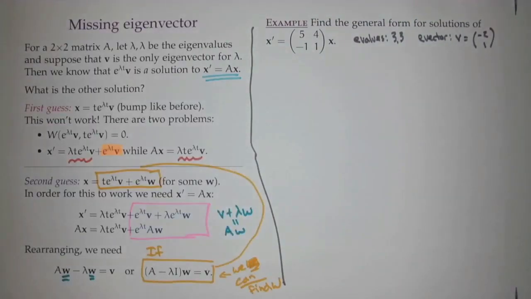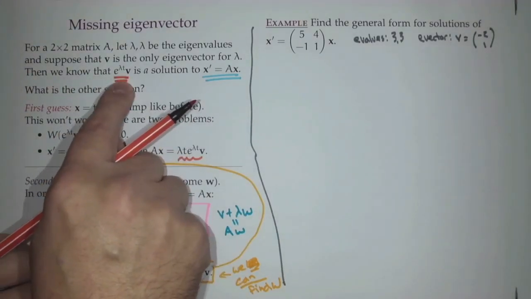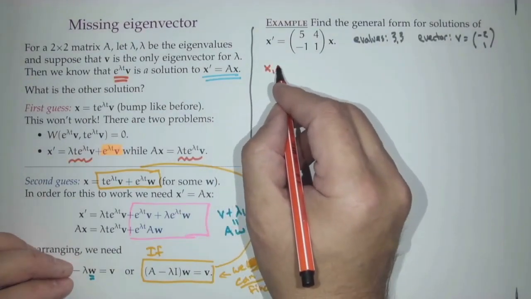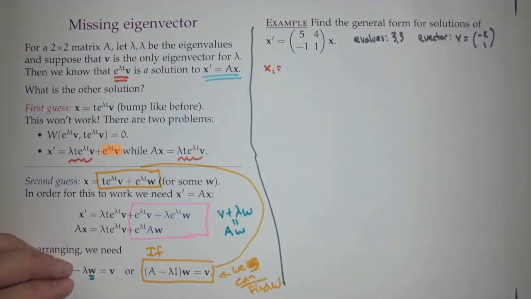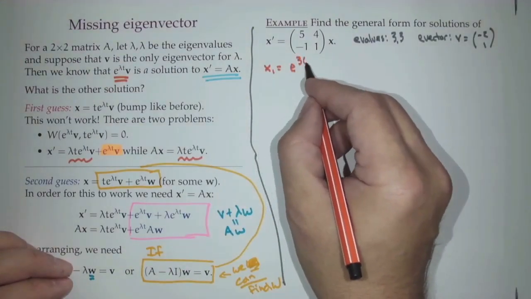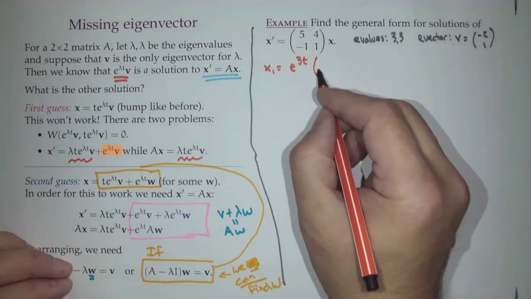Okay, so we still have a solution already. So this e to lambda t times v is a solution. Great job, us. So x1, which would be e to the 3t, because lambda is 3, times minus 2, 1.